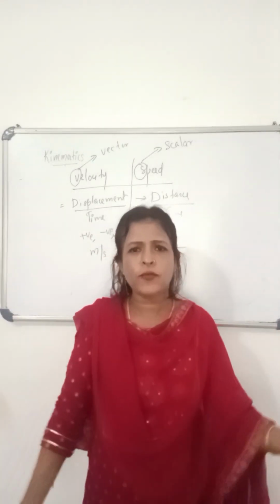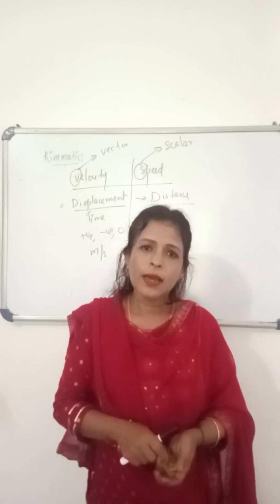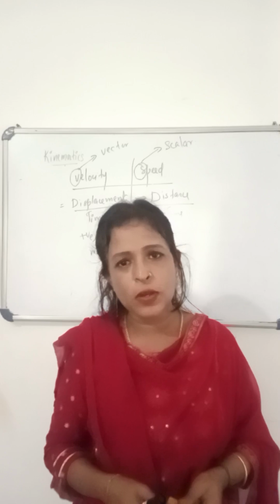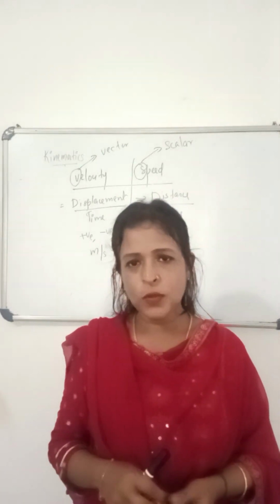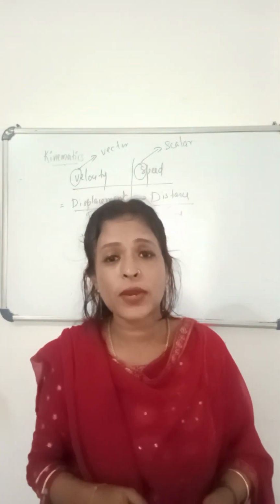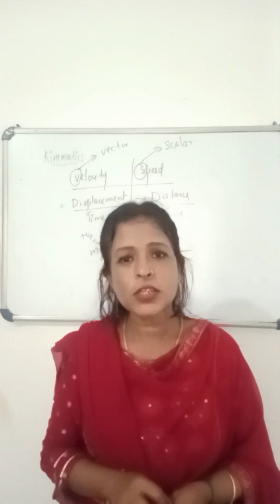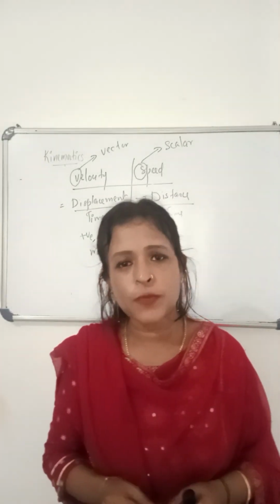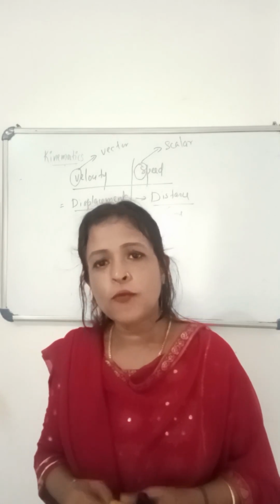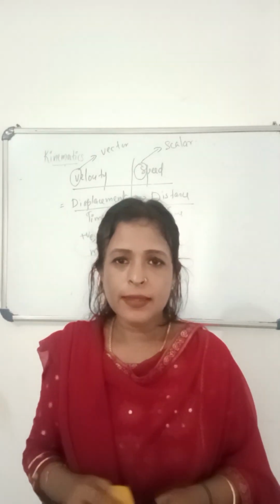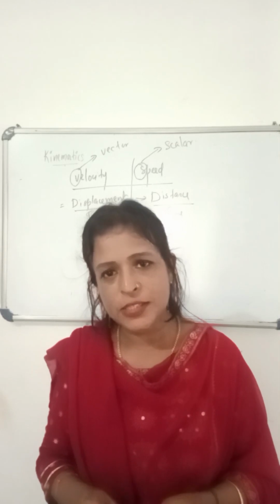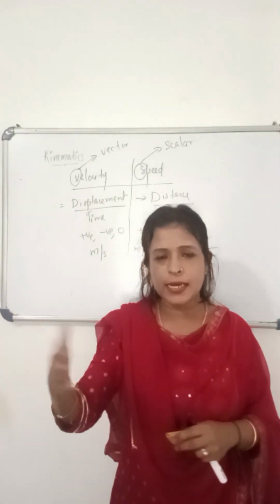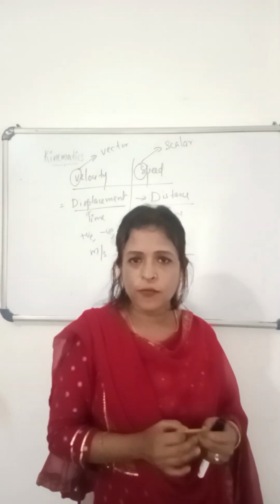We need to find the average velocity, so we need another equation for average velocity and average speed. We will now discuss average velocity and average speed instead of instantaneous ones, because for instantaneous velocity and speed we need to study differentiation as well as integration.